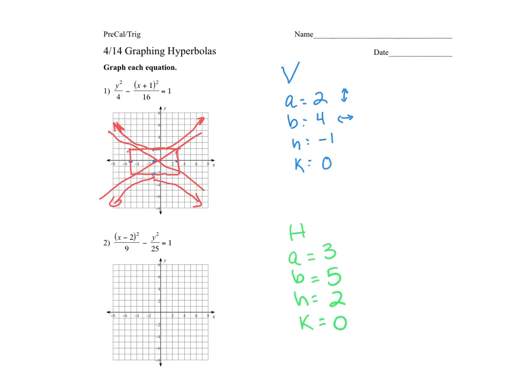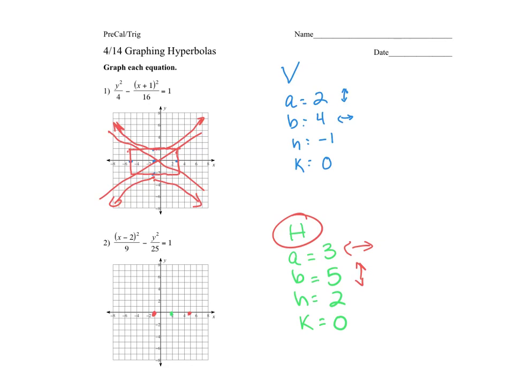So we know it's horizontal. We still plot the center as 2, 0. But now A goes left and right, and B goes up and down because it's horizontal. So we're going to go 3 to the right here, and 3 to the left.